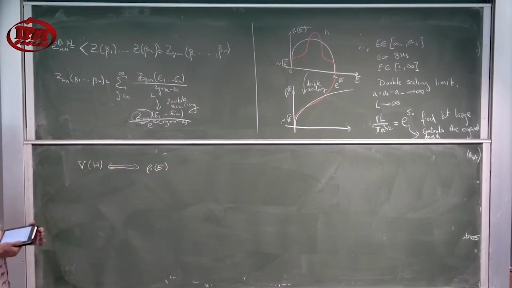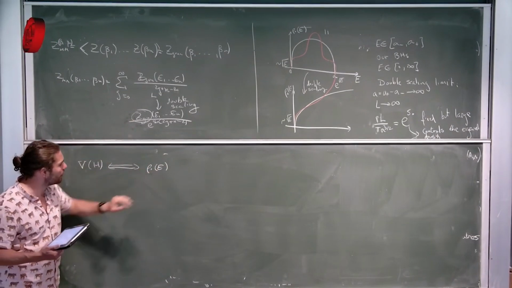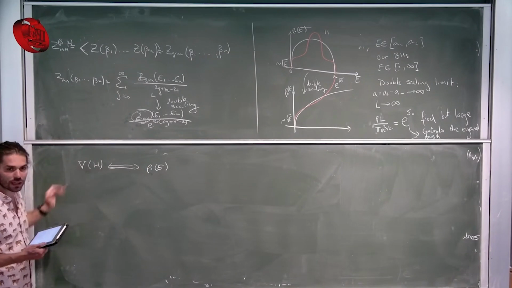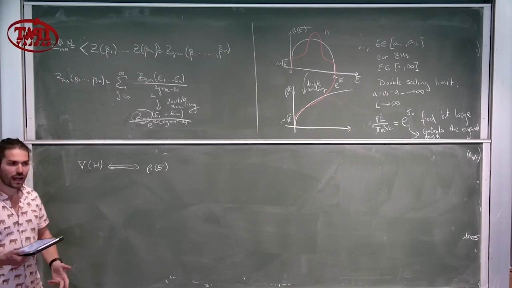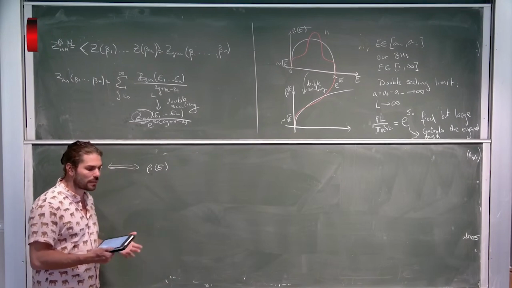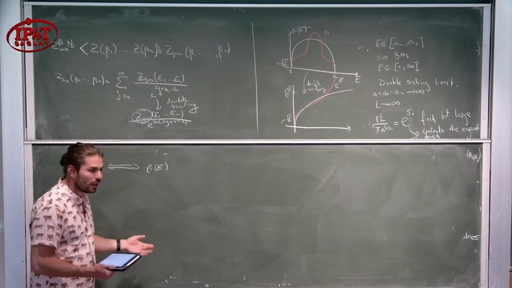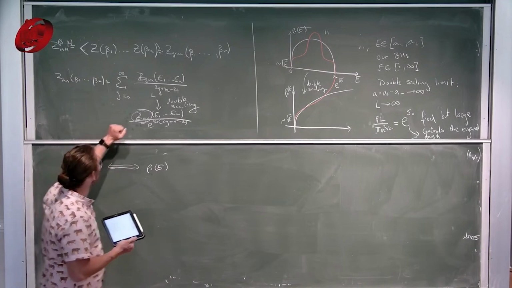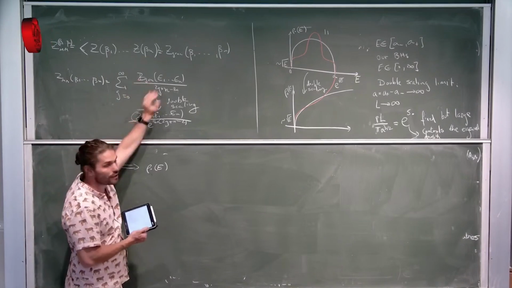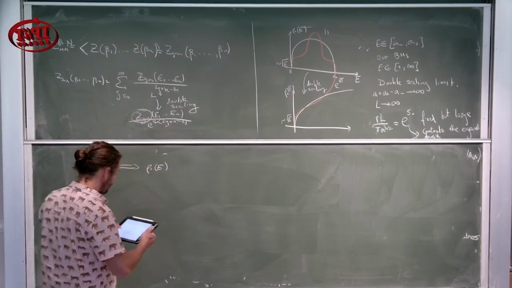So essentially, if I input a leading density of states, rho 0, I can completely determine the potential V of H. And in turn, since the potential is determined, I'm essentially determining what theory I'm talking about. Which means that in turn I can determine all these coefficients Z_{g,n} using matrix integral techniques.